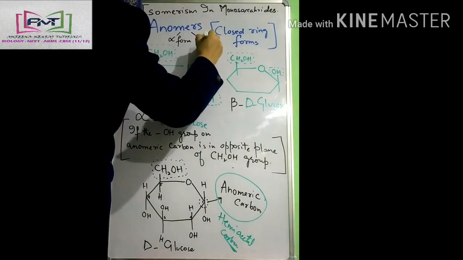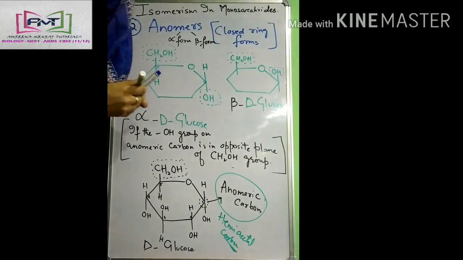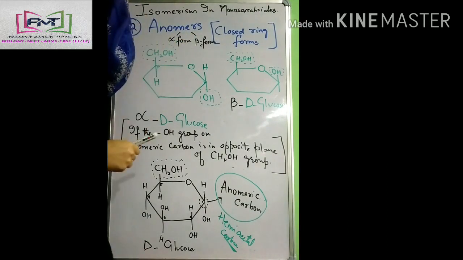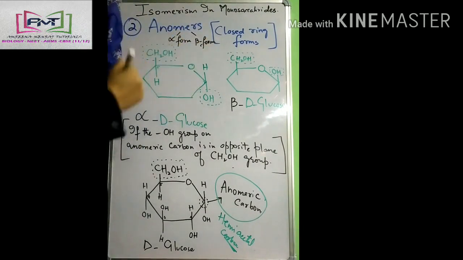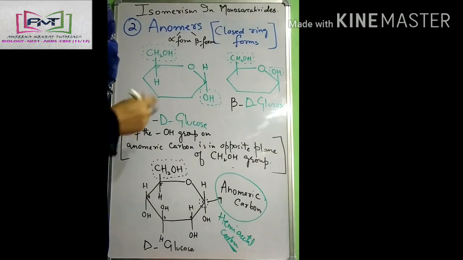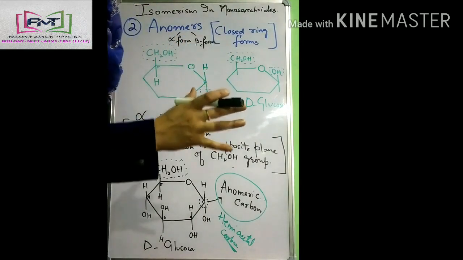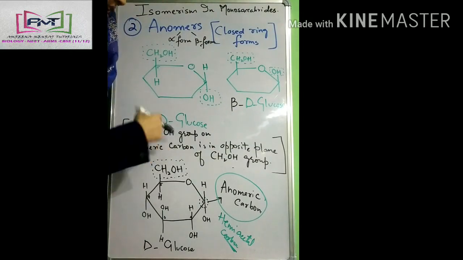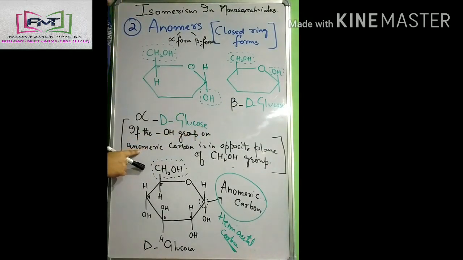What is beta form? Alpha and beta are the two anomers or isomers, in which what is important is the position of the OH group. Near which carbon? Anomeric carbon.